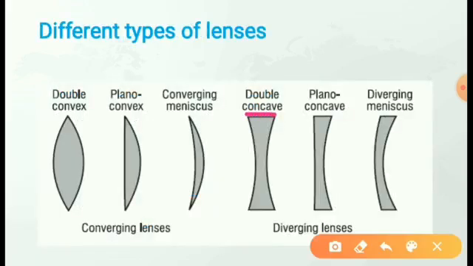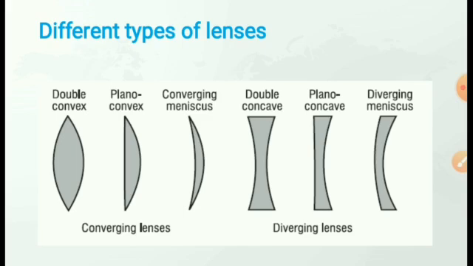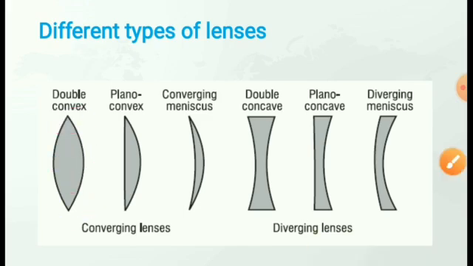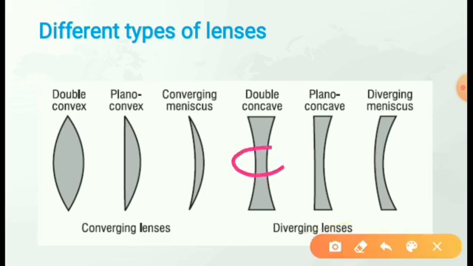You can see here in this diagram. The convex lens is thicker near the center as compared to the edges. You can see it is thicker at the center as compared to the edges. The concave lens is thinner at the center as compared to its edges. You can see here it is thinner at the center as compared to its edges.